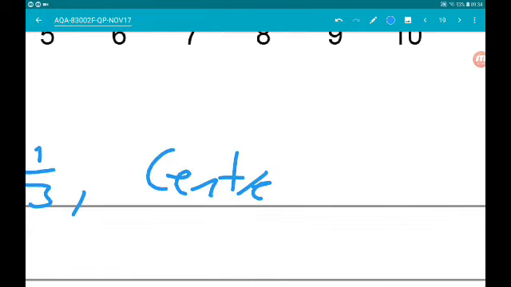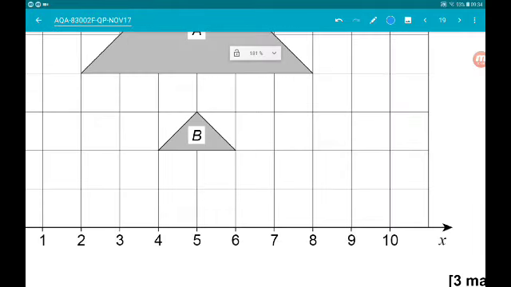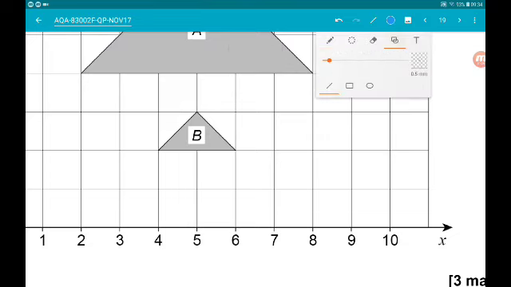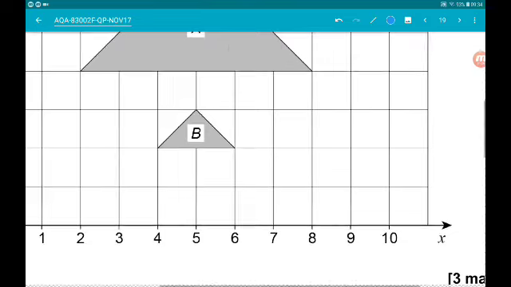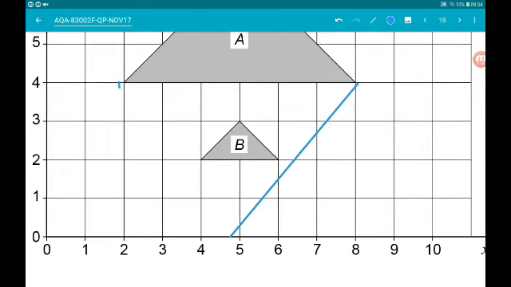So the centre is the point about which the enlargement has been carried out. To find the centre, we join up corresponding points on both triangles and keep the line going. Do that for 2 points, and where the lines meet is the centre. So I'm going to join this point to this point, and I'm going to join this point to this point.